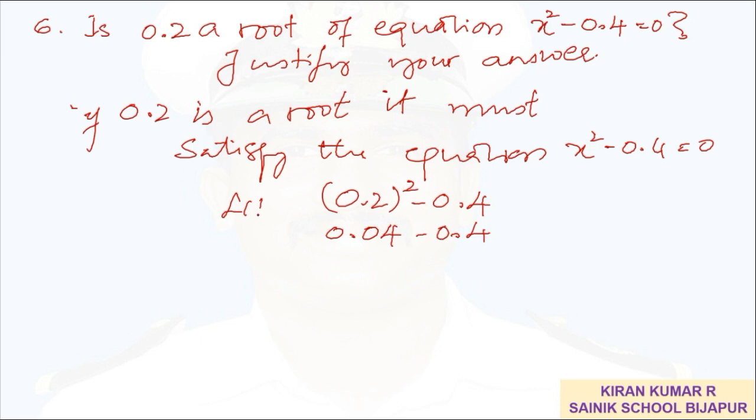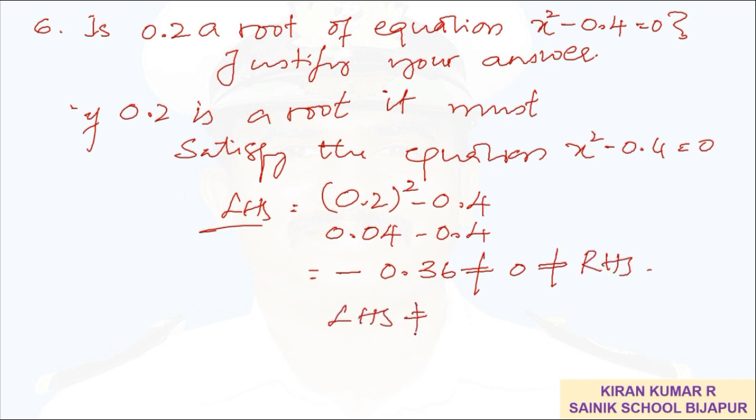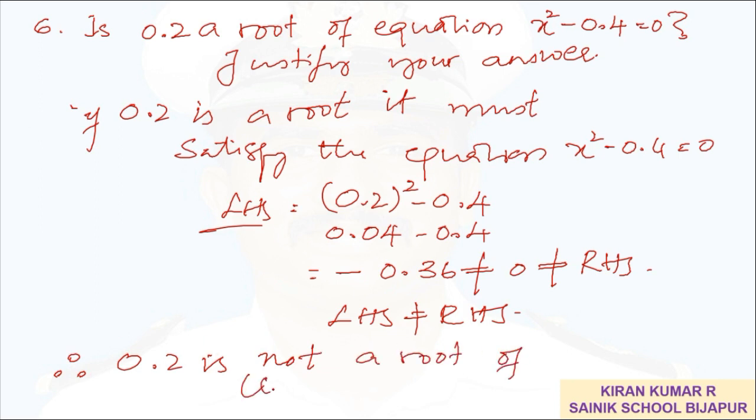This is our left hand side. We get negative 0.36, which is not equal to 0, the right hand side. So LHS not equal to RHS. Therefore I can conclude that 0.2 is not a root of the given equation.